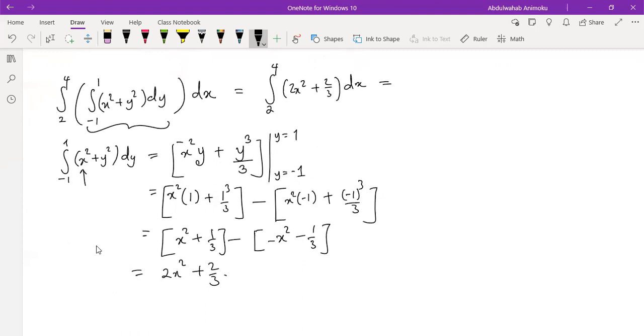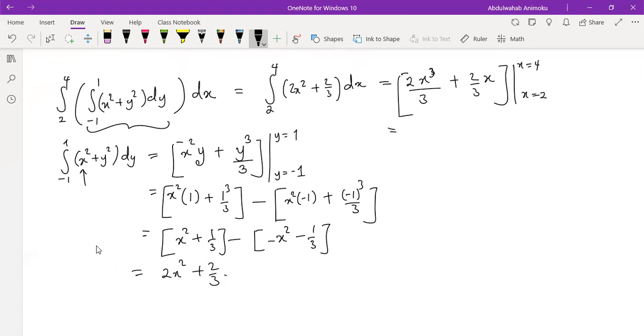All we need to do is integrate this polynomial, just like we integrated the previous problem. That will give us 2x cubed over 3 plus 2 over 3 x. Now we have to evaluate this at x equal to 4 and x equal to 2.